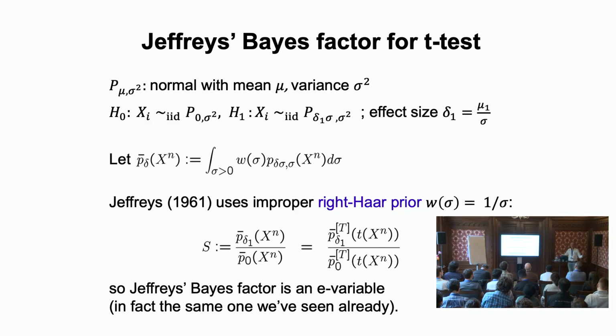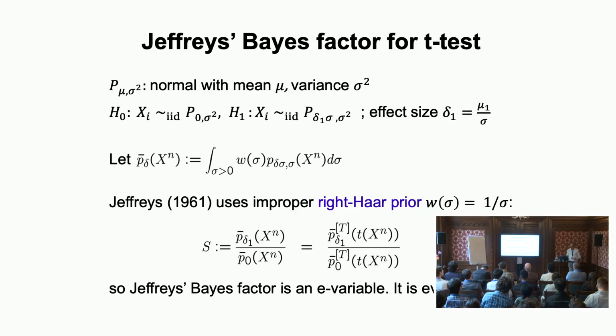We have this old idea by Jeffreys, used by many Bayesians. Actually, some of them don't like it at all because they say the 1 over sigma prior makes no sense, but it's vindicated with a completely different interpretation now, because you can also think of it as an e-variable, which works no matter what distribution in the null is true. And it's even the growth-optimal e-variable.